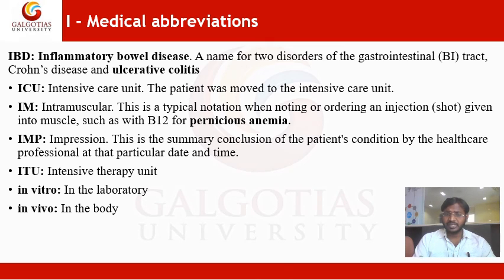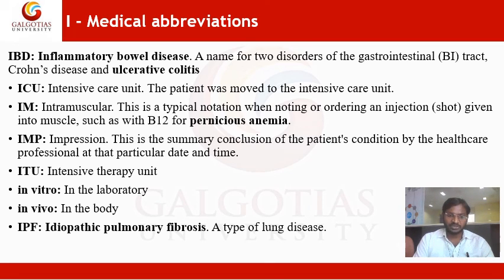For example, for one bacteria, the antibiotic sensitivity reaction in vivo is different and in vitro is different. We can correlate both, and then only can we provide the particular antibiotics to the patient. That's why in vitro and in vivo are most important for science background students.